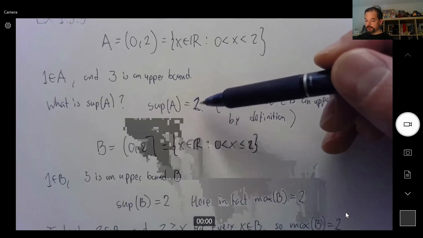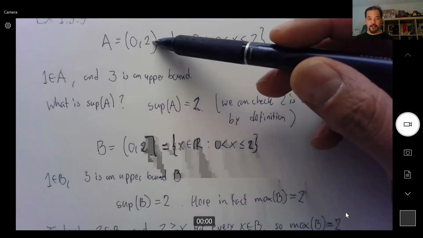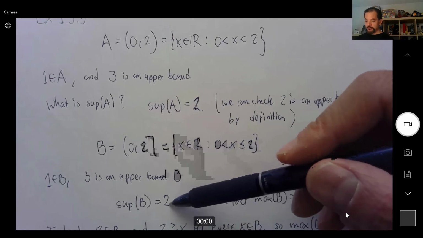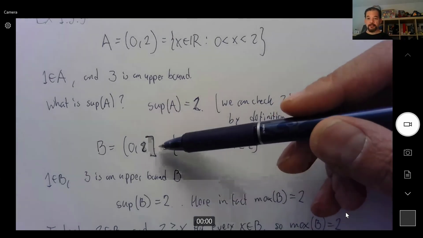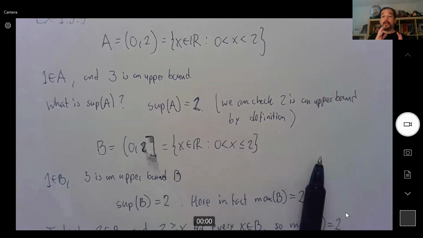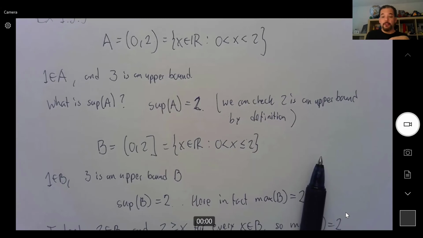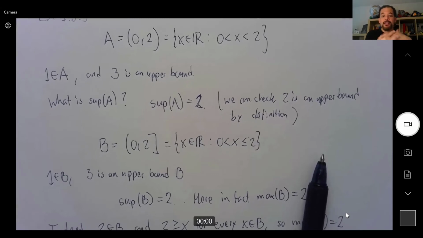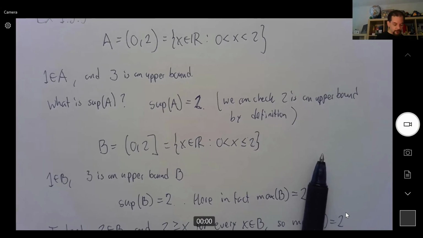But over here, the supremum is not in the set A, and here the supremum is in the set B. Okay, so don't make that mistake. The supremum may be in the set or may not be in the set. You don't know. When it is in the set, then it's called a maximum. But some sets have no maximums, right? It's a different way of saying what I just said.